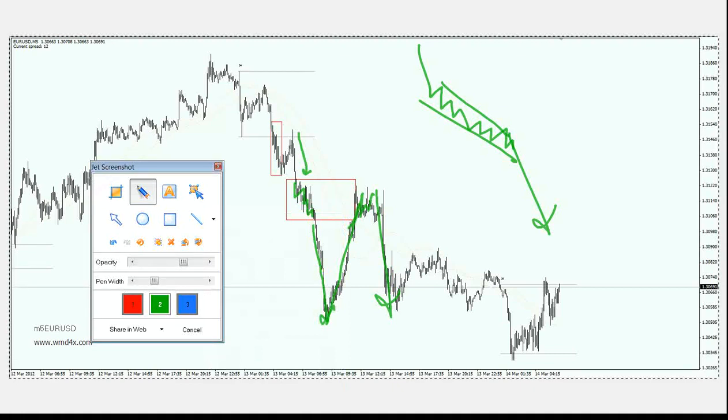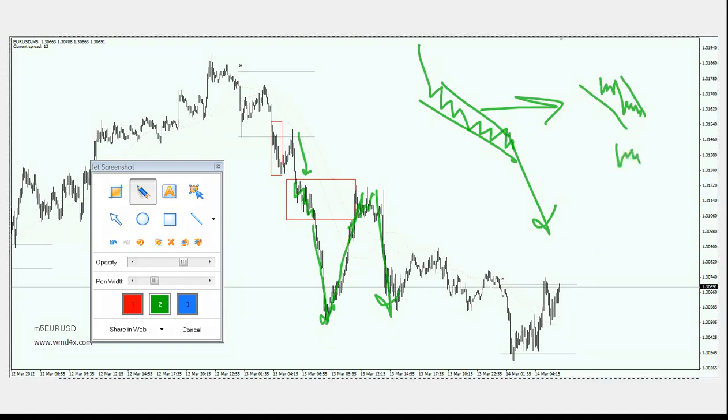I just want to mention quickly before I move on to the next chart a little bit of a nuance. So inside of this diagonal move, what does it look like? Sometimes you will see that it consists of two falling clusters. Sometimes you will see it consists of three falling clusters. Where you have three clusters falling, more often than not, it will give a little bit of a pullback before collapsing.